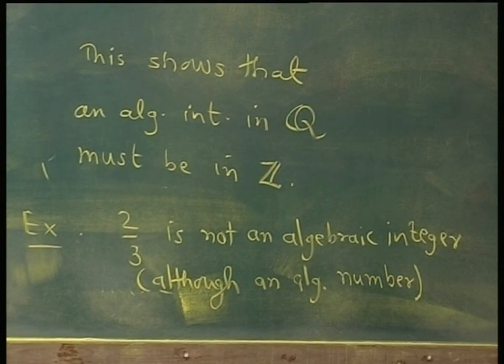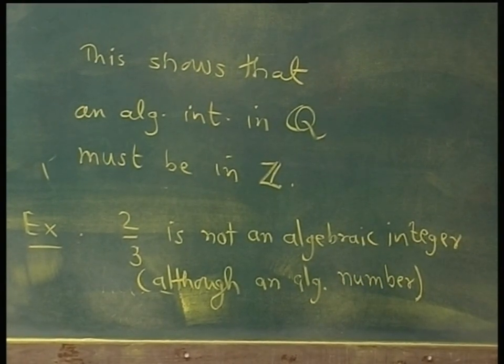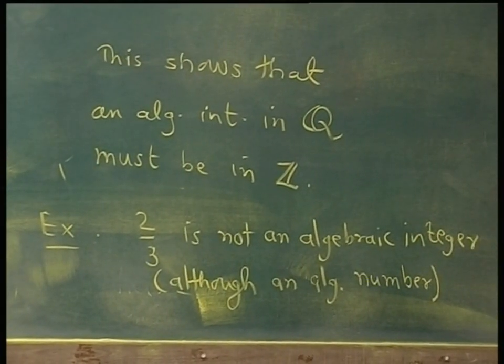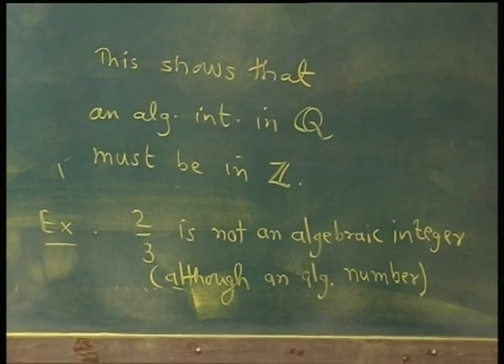There are plenty of real numbers which are not algebraic numbers. This can be shown using cardinality arguments.